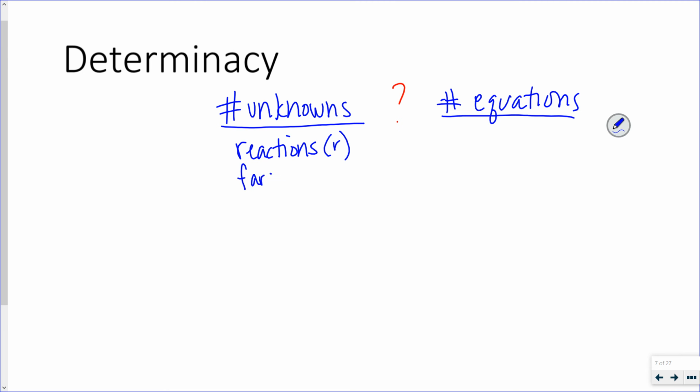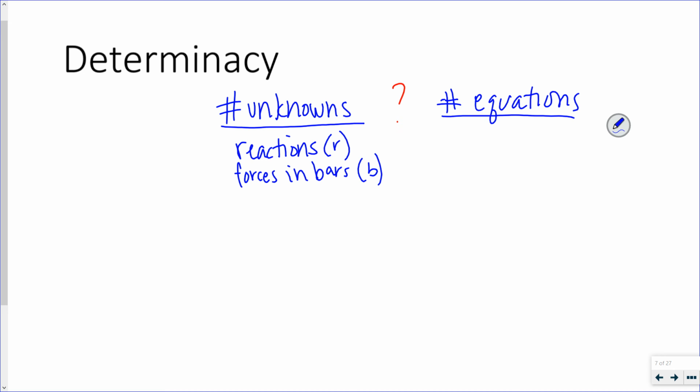Forces in bars, members, B. I don't know my support reactions, and I don't know the forces that are in each individual member.